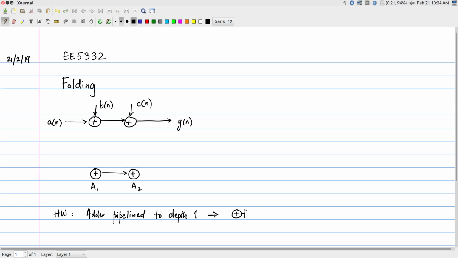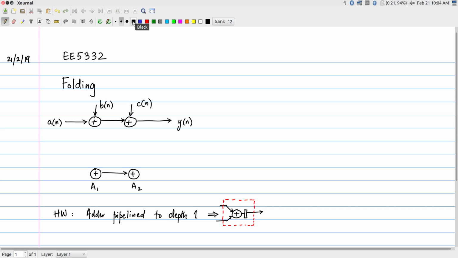There is an adder and a register at the output. It takes two inputs and it generates one output. This is what I'm assuming is the hardware unit available to me. Only one type of hardware.